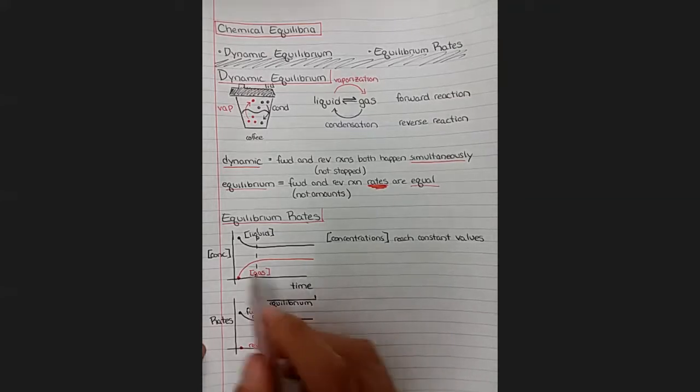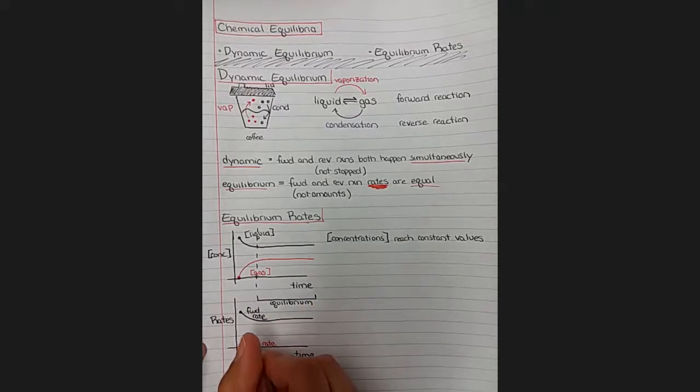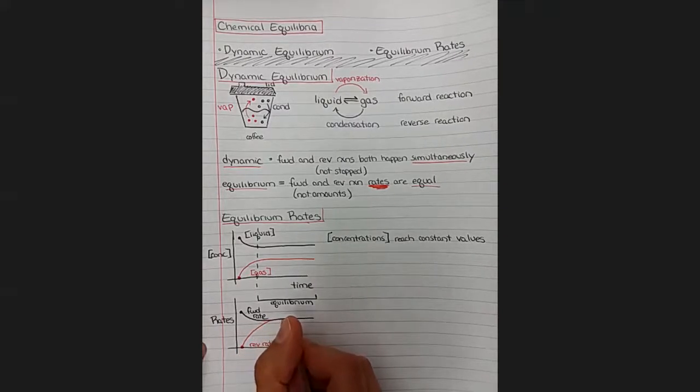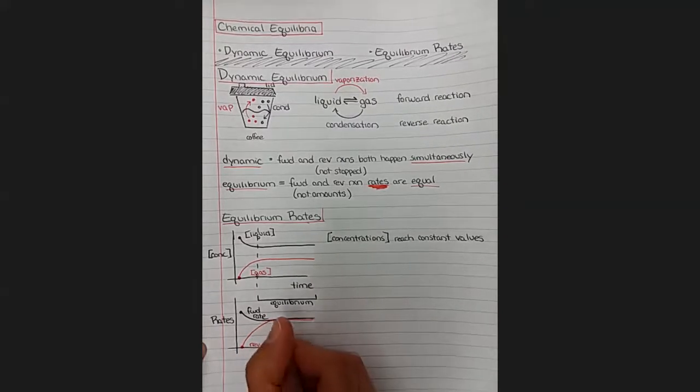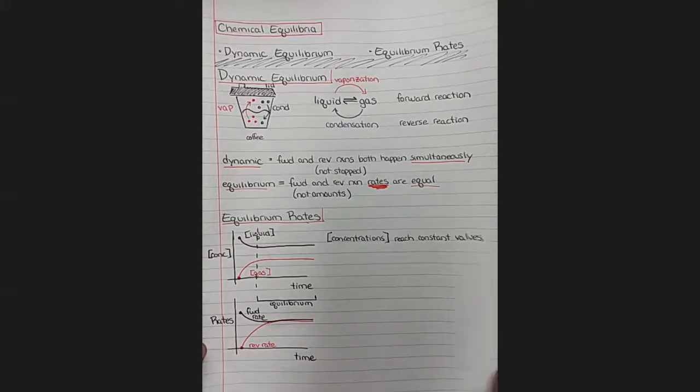But once there were some products, some gas formed, then the reverse reaction could start to happen. So it began to happen, and it increased in rate until it matched the rate of the forward reaction.